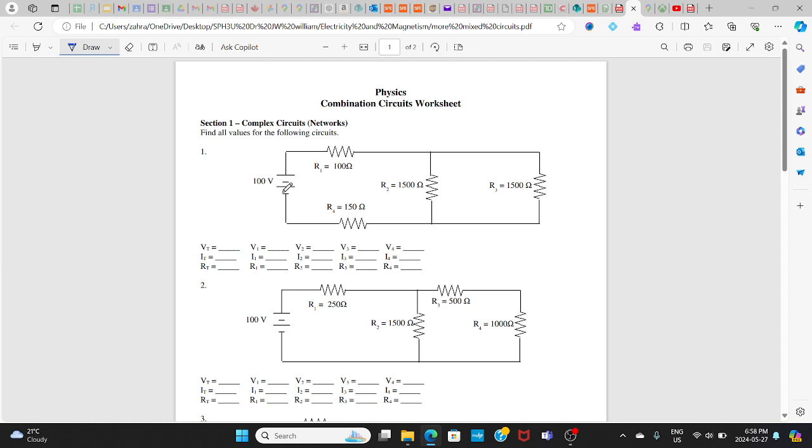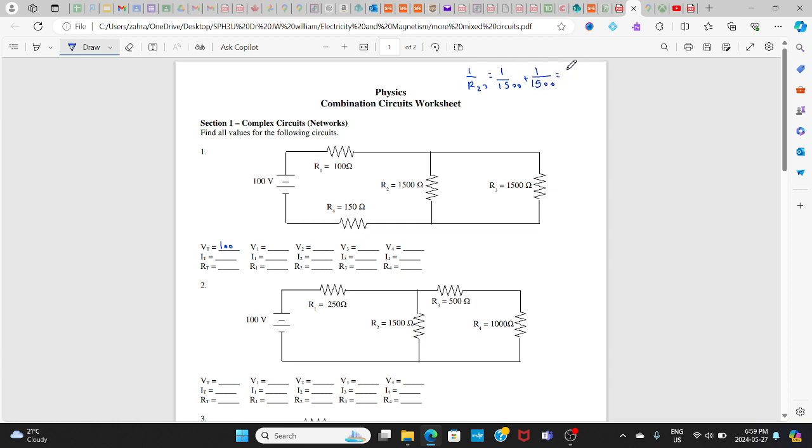Here, V total is the V of the battery, which is 100. Just immediately put that there. And next step is to find R total. I know these two are in parallel. So 1 over R23 is 1 over 1500 plus 1 over 1500.